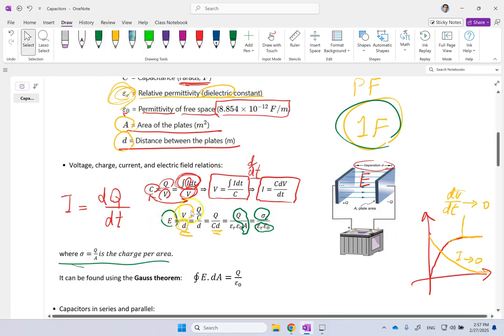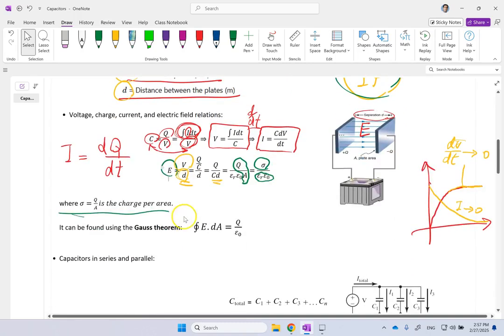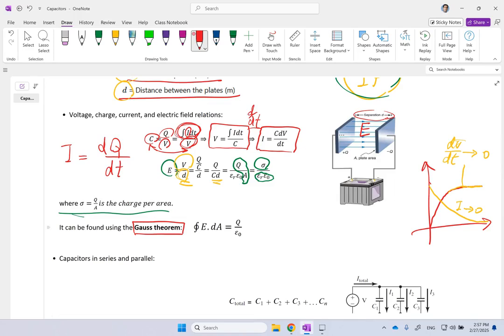And the question is, where does this formula come from in the first place? Well, that comes from what we call Gauss's theorem. One of the fundamental theorems in electromagnetism is Gauss's theorem, which says the integral of E dA, integrated over the entire area that E is passing through, is equal to Q over epsilon.